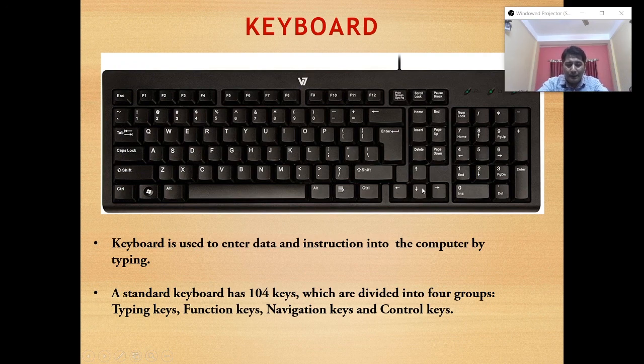Together we call these navigation keys. Finally, the keys with Ctrl, Alt, Shift, Tab we call control keys. Always remember that the standard keyboard has 104 keys divided into 4 groups: typing, function, navigation and control keys.